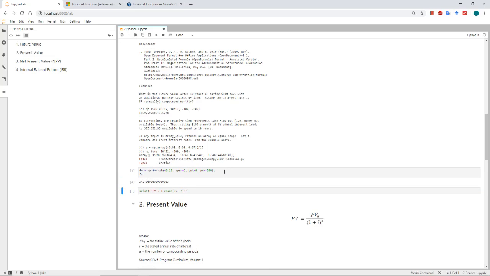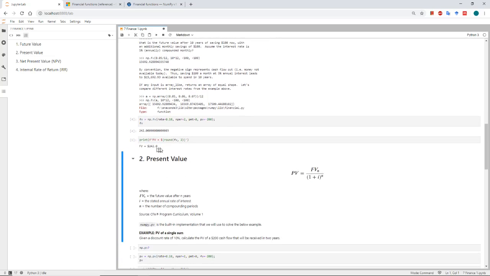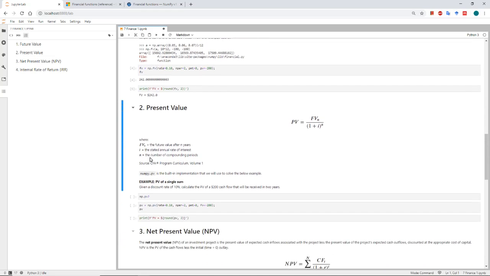You can see that we have FV as 242. The future value is $242. We can do the rounding because remember it's still having to deal with the issue of floating point, and now we formatted it as an F string. FV is equal to $242.